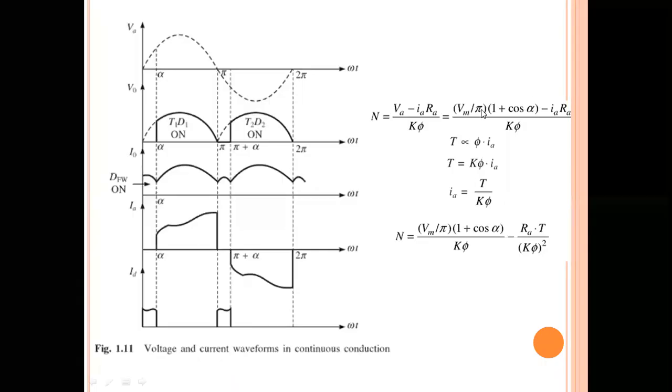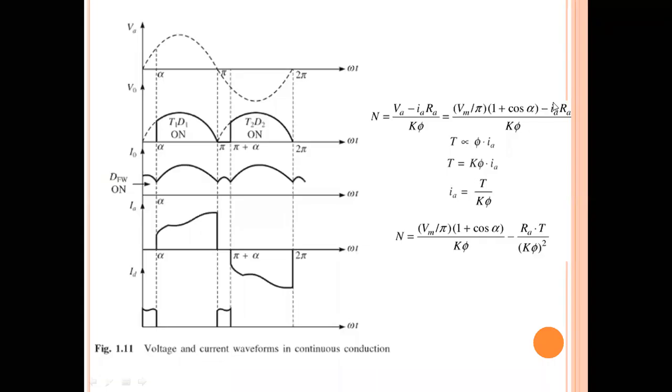We have to derive the speed torque relation, but in this equation there is no torque term. In order to get the torque term, we have to replace the armature current IA. For that, consider this equation: T is equal to K phi into IA. From this equation, we can write IA is equal to T by K phi.